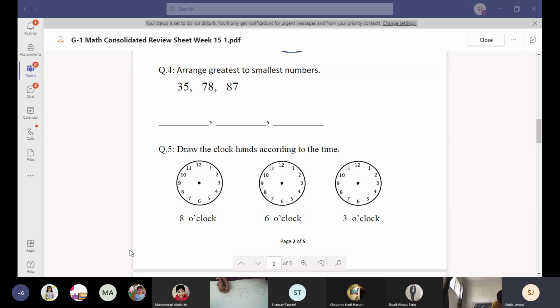Okay, Manal, draw the clock hands. And this worksheet is already shared on your MS Team, okay? If you want to open, you want to print or whatever, you want to look at the worksheet and attempt it on the copy or page, so you can open this anytime from your maths channel.